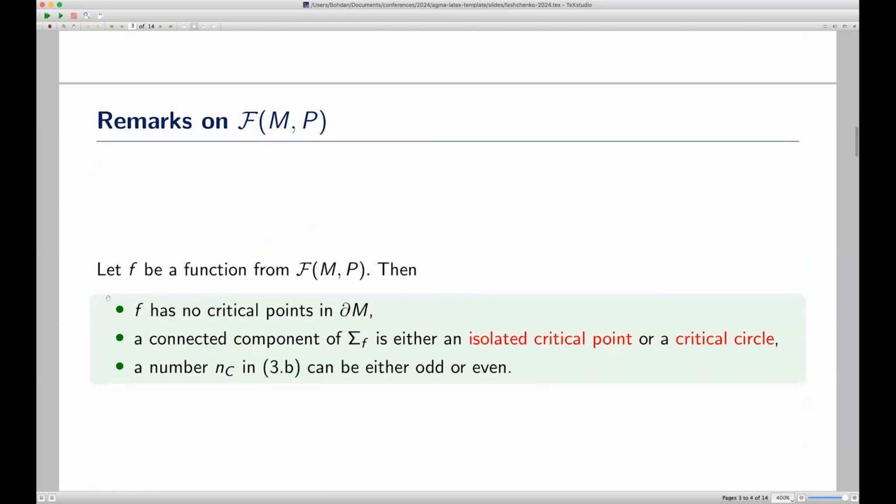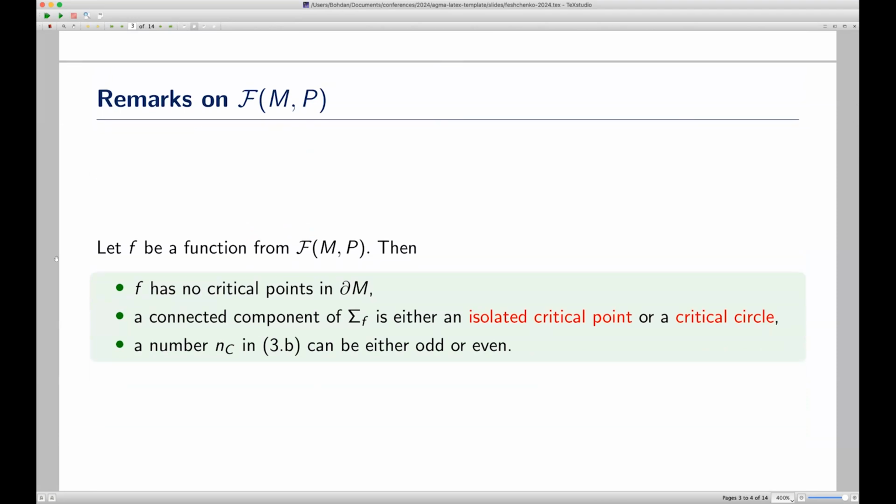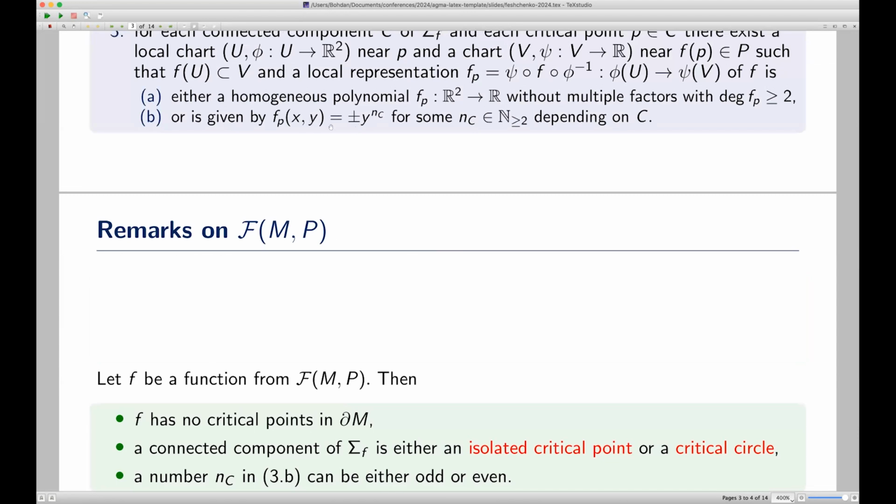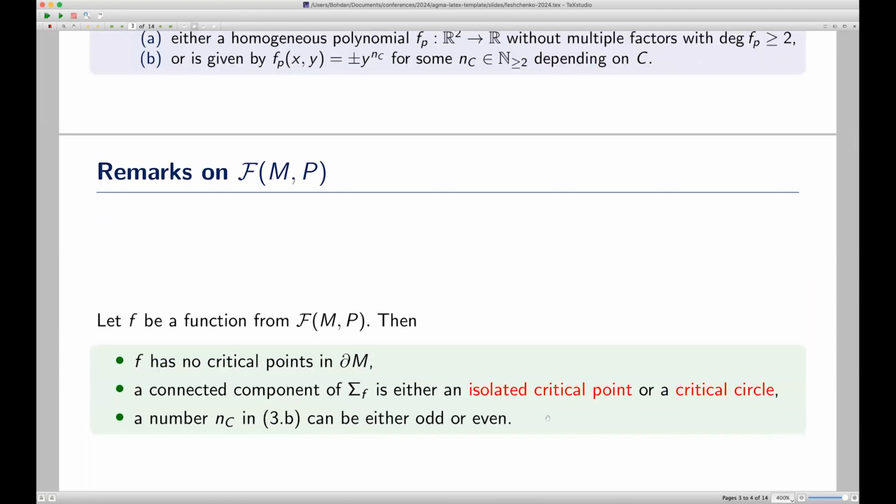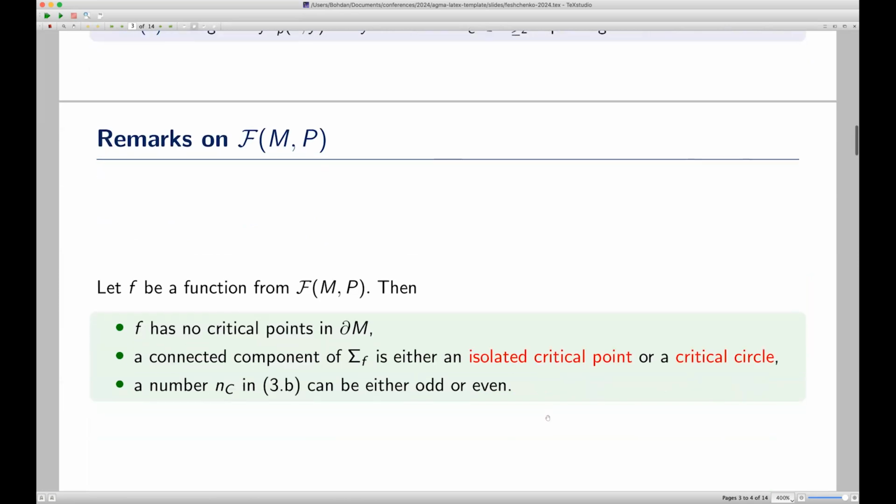So a function f has no critical points at the boundary. A connected component of the set of critical points is either an isolated critical point or a critical cycle, and this number n_C from here can be either odd or even.